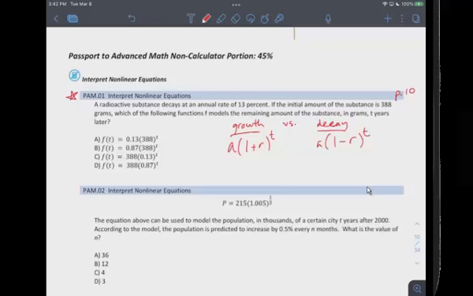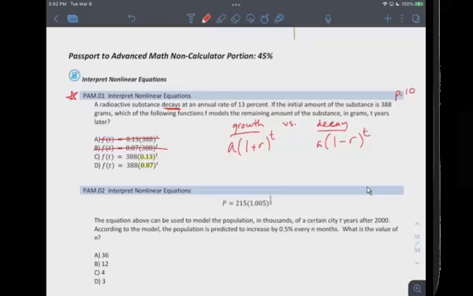So here, when you see that this radioactive substance is decaying, that means right away that you know the number inside your power has to be less than 1. So those are the only two possibilities here. Okay, so 388 can't be the number that's the base of our exponent.